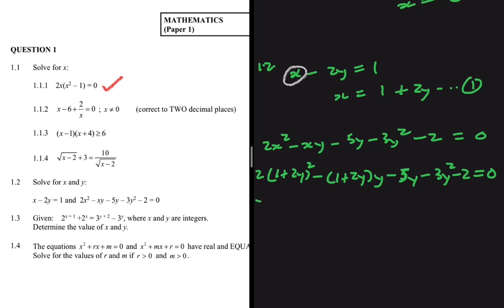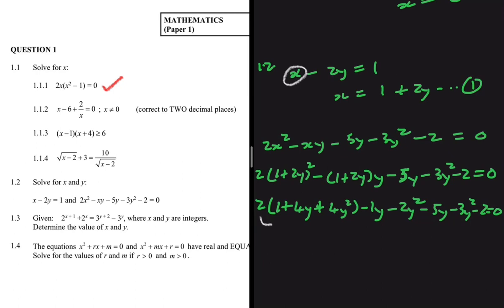So we're going to have 2 multiplied by (1 plus 2y) squared. 1 squared is just 1, and then 1 multiplied by 2y is 2y, and multiplied by 2 will be plus 4y, and then 2y squared will be 4y squared, minus 1y minus 2y squared minus 5y minus 3y squared minus 2 is equal to 0.